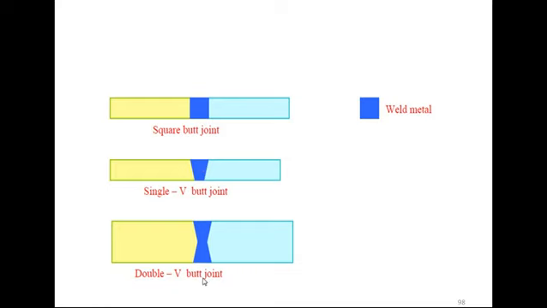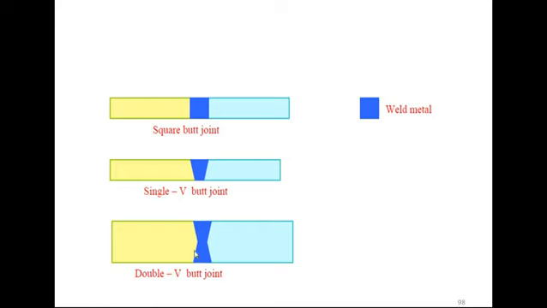The next one is a double V butt joint. Double V butt joint means here we have given this shape, so that whenever you put these two plates together, you will see such a shape, a double V. Whenever you place these two plates, you will see there are two V's.